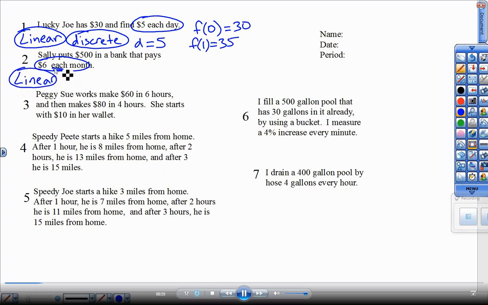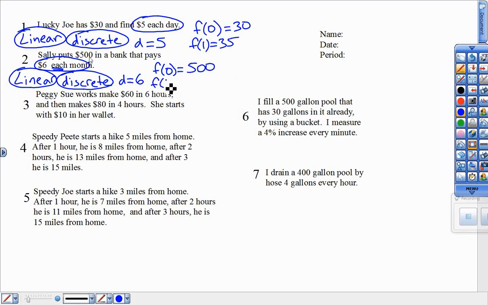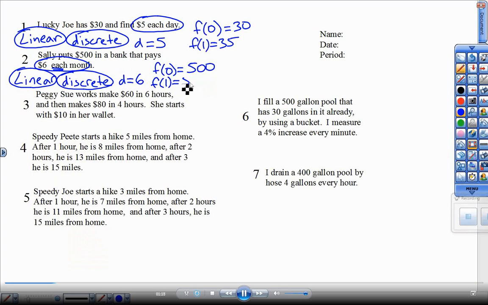Those exponential ones with the percent that the bank's paying you, they're constantly paying you a little bit more each day, so that would be continuous. But this one, waiting each month, discrete. This D is 6 being added each month. The 0 term is that 500 that you're starting with. After 1 month, you'll wait, and then you'll have 506.